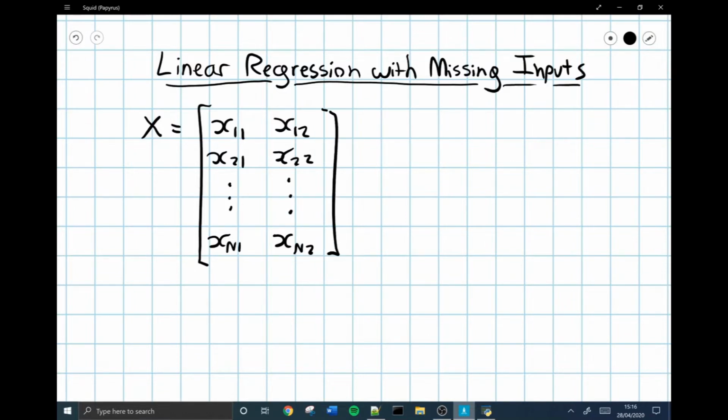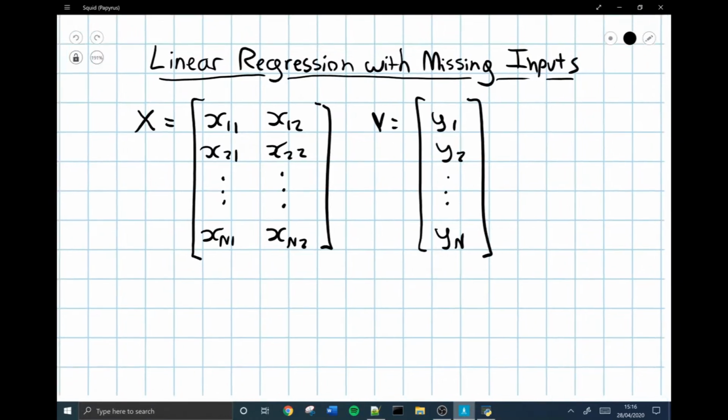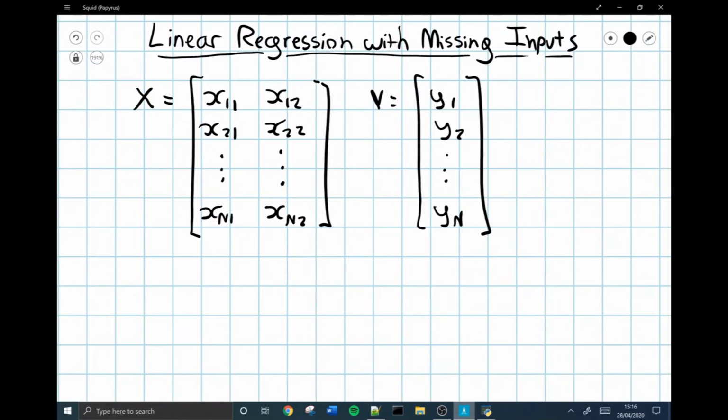And then we've observed some outputs, so this capital Y is going to be n corresponding outputs that we've observed. And we're going to propose a model that gets us from each x to each y. In this case, we're going to do linear regression, linear in the parameters and the inputs.